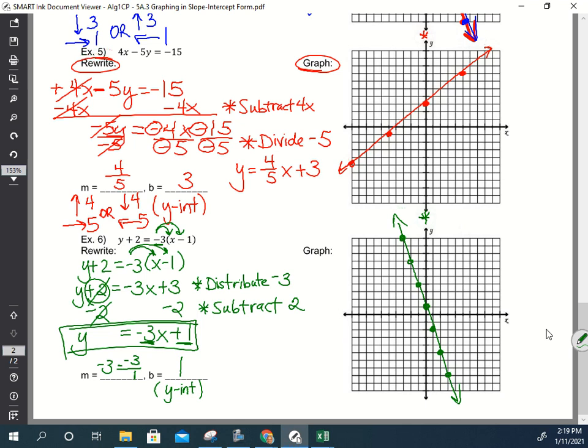You draw that line. Any questions on example 6? If you know how to rewrite, then graphing it is the same as you've been graphing it.